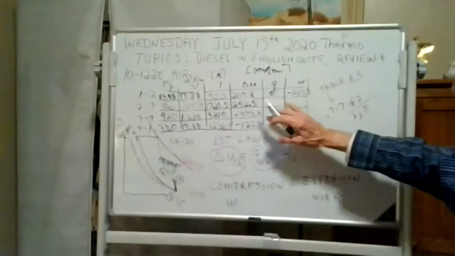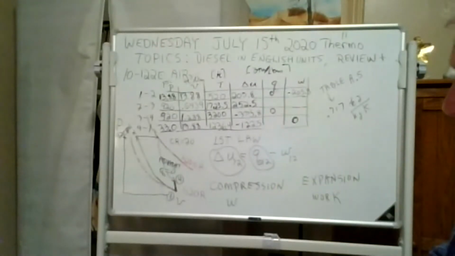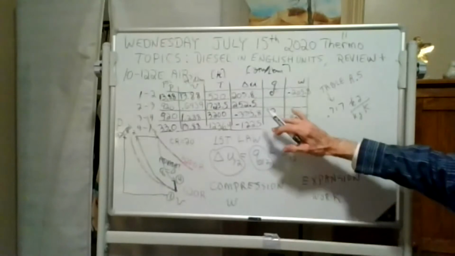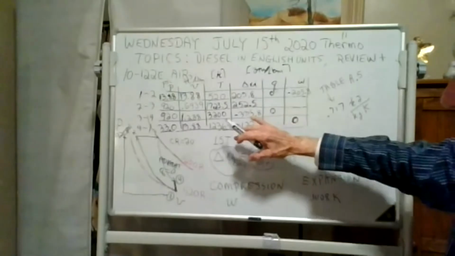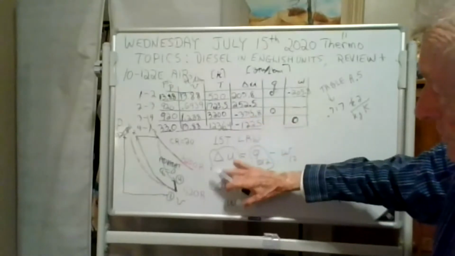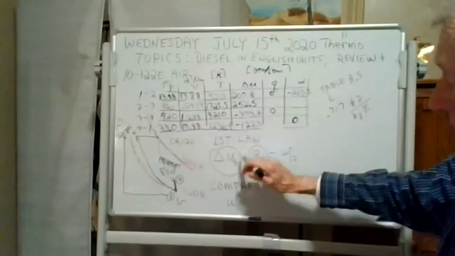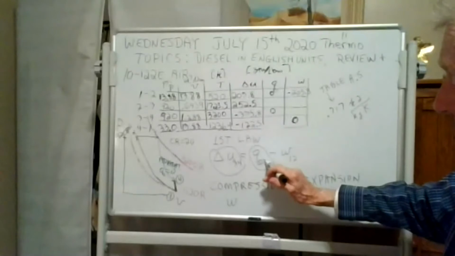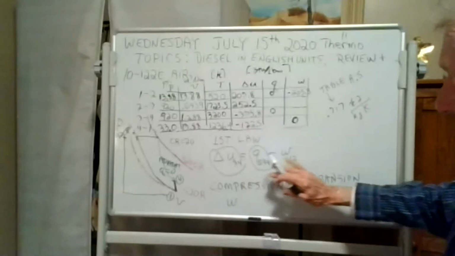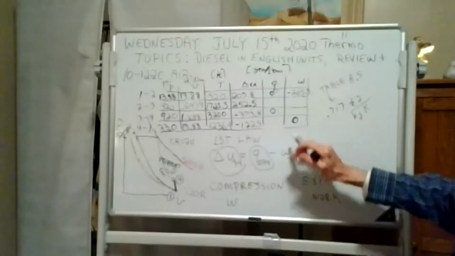Oh, wait a minute. We don't know either one of those. However, I could fill this one in because we know what the delta U is from 3 to 4, and we know what the Q is from 3 to 4. We should be able to get the work per mass from 3 to 4.